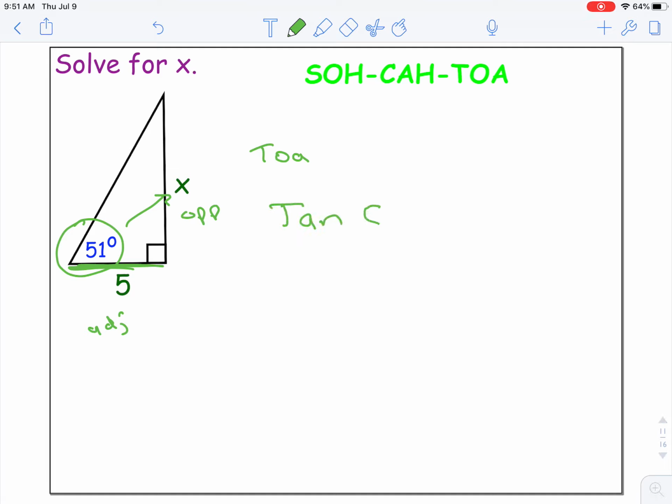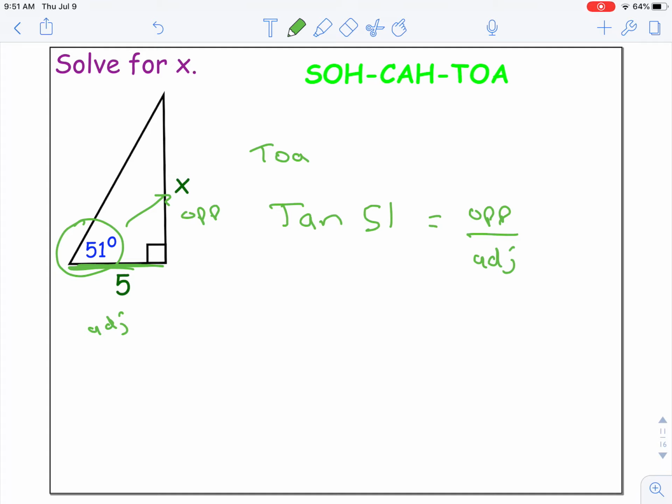So for every 51-degree angle, when you take the tangent of 51 and you divide the side opposite by the adjacent, it's always going to be this exact same ratio.